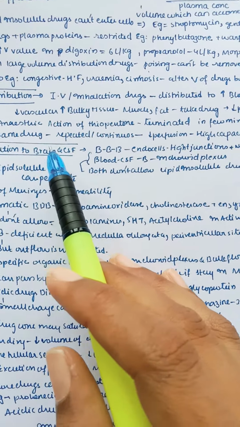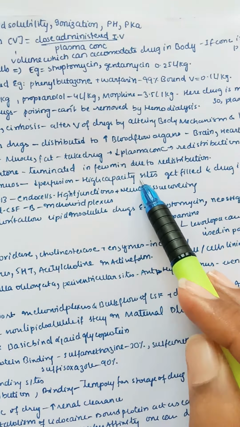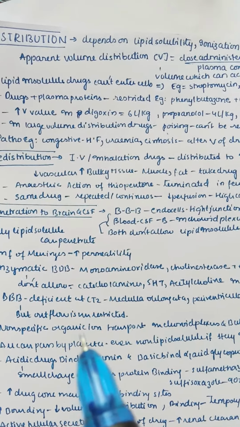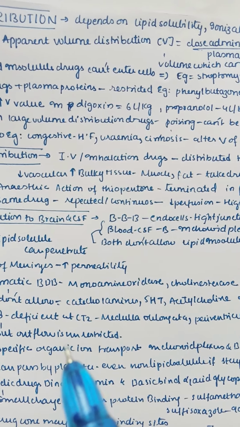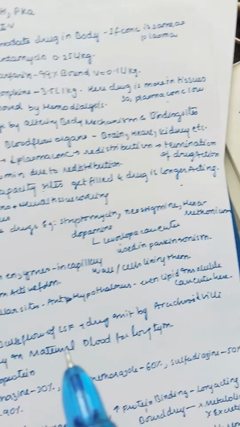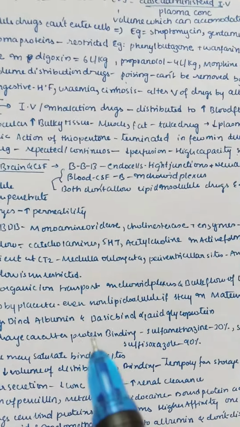With repeated or continuous dosing and decreased perfusion, high capacity sites get filled and the drug is longer acting. So as the drug now has higher capacity to get distributed, it also has a longer activity in this case.